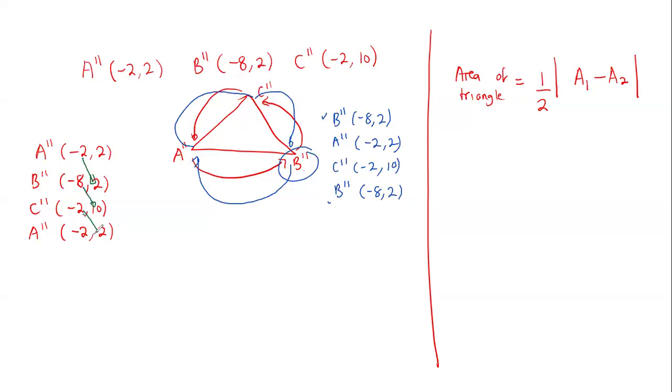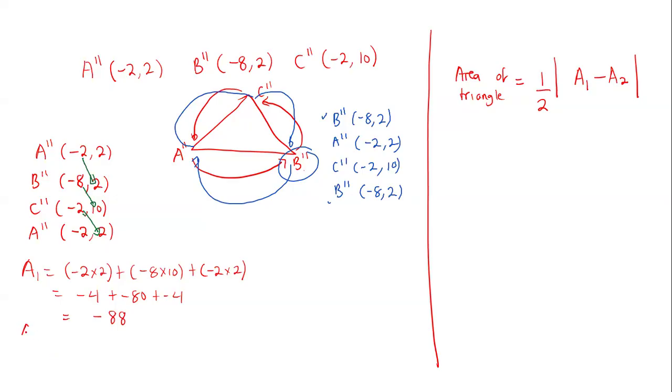So my A1 is going to be negative 2 times 2 plus negative 8 times 10 plus negative 2 times 2. This will give us negative 4 plus negative 80 plus negative 4, and this one will give us negative 88.